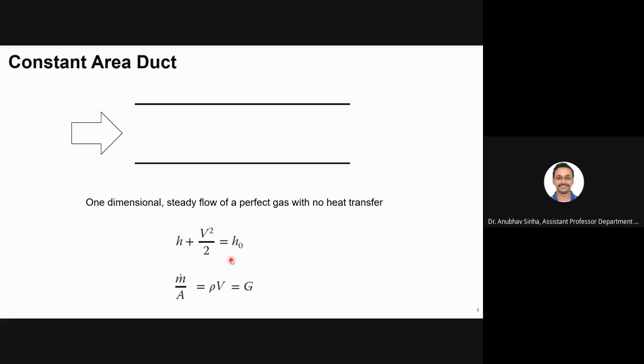Mass flow rate per unit area I can write as rho into V. Let us give it a term: instead of rho V, I will write G. So this is something like mass flux, rho into V.